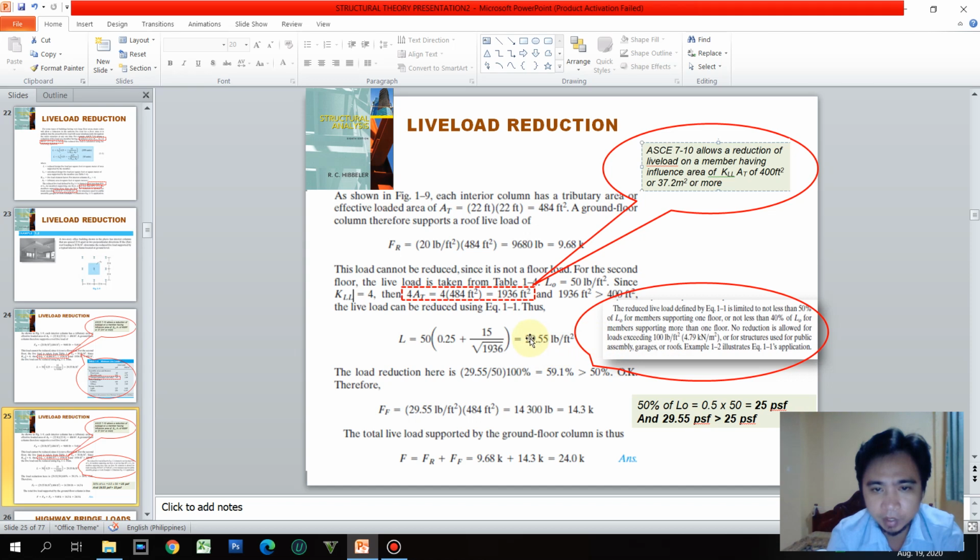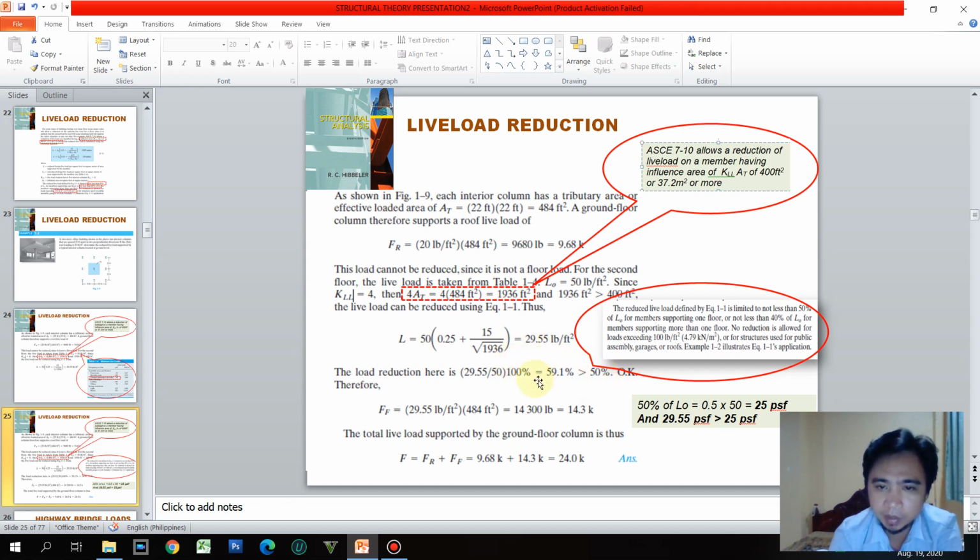So we have the result here, 29.55 pounds per square foot, that is the reduced one. We divide that by the unreduced, and then multiply by 100% to come up with the percent. We have 59.1%. It is a greater value.